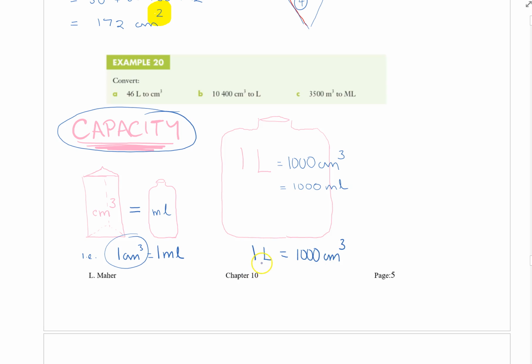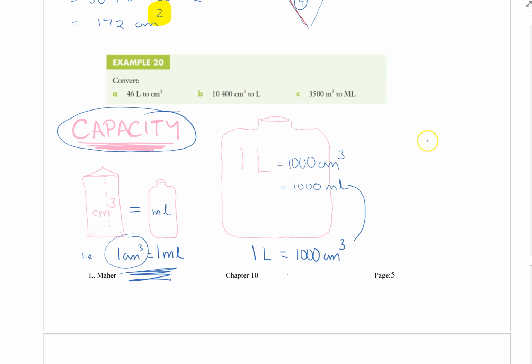The capacity measure, called 1 litre, actually requires 1,000 cubic centimetres, or you know a litre is 1,000 mils. Why 1,000 for both these? Because we've just established back here that 1 cubic centimetre is 1 mil.